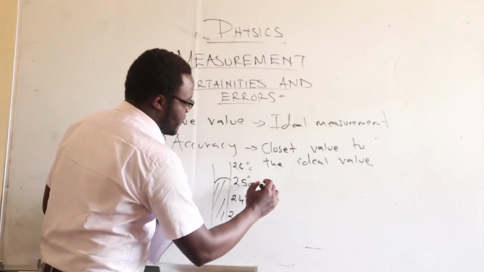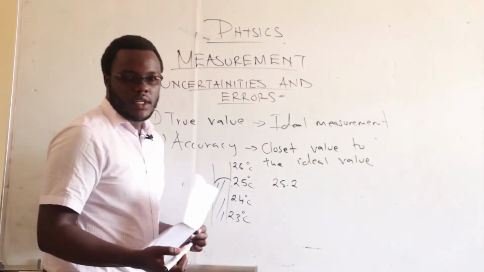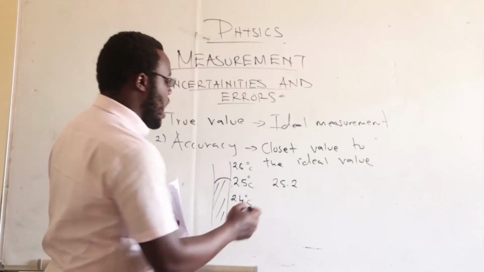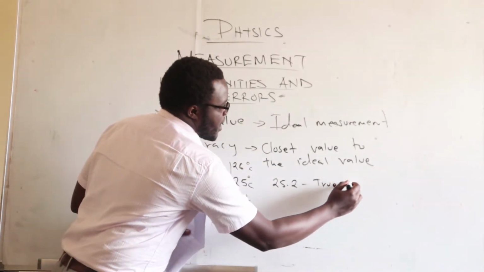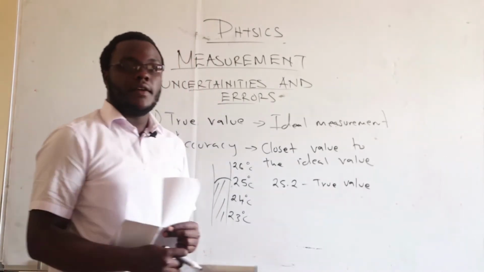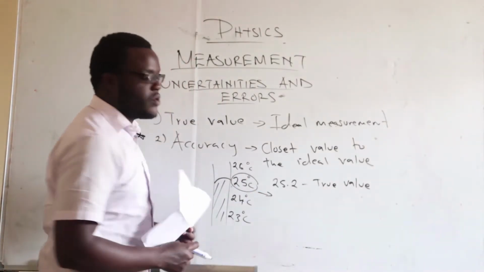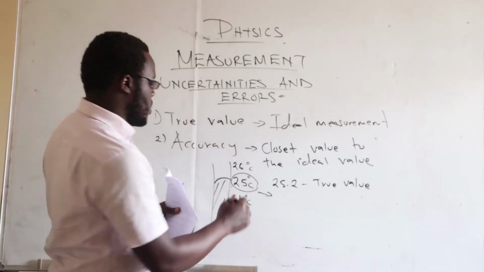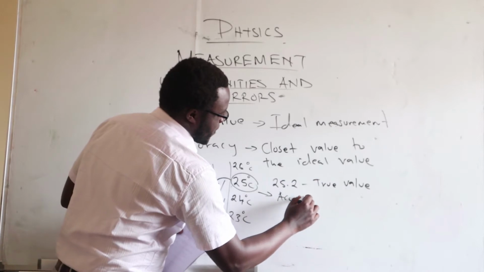We can say the true value is around 25.2, roughly 25.2. However, this cannot be gotten from an analog machine. Therefore, we try to look for the accurate one, the one which is closest to 25.2. Therefore, 25 now becomes our accurate value.